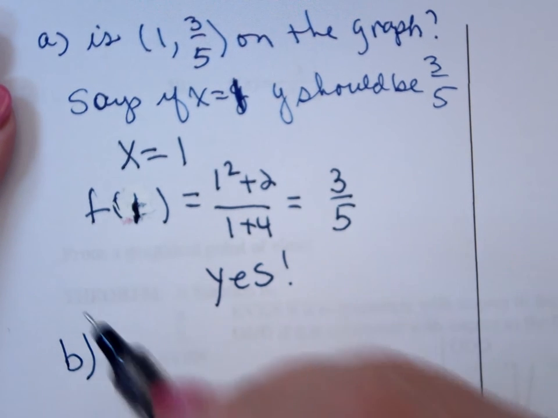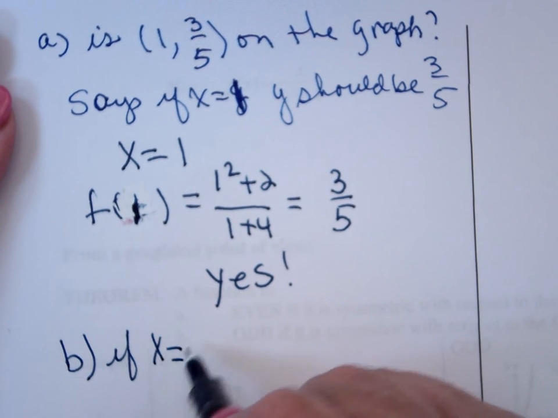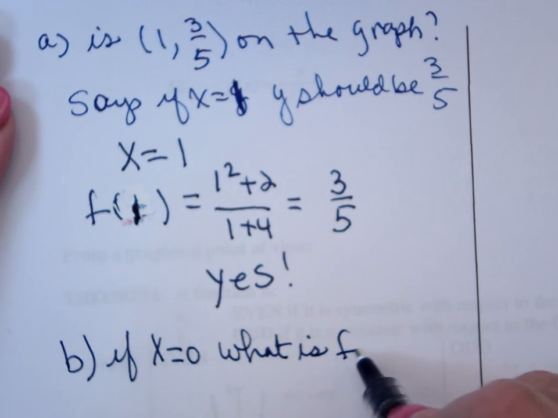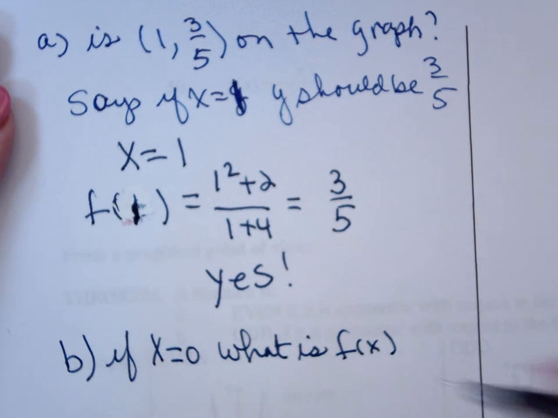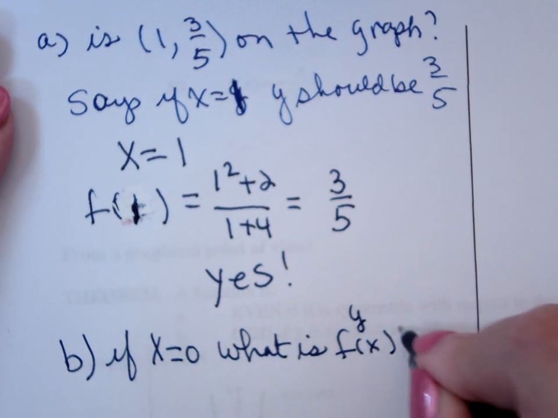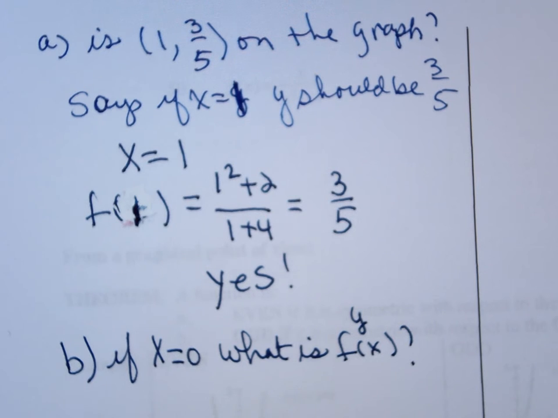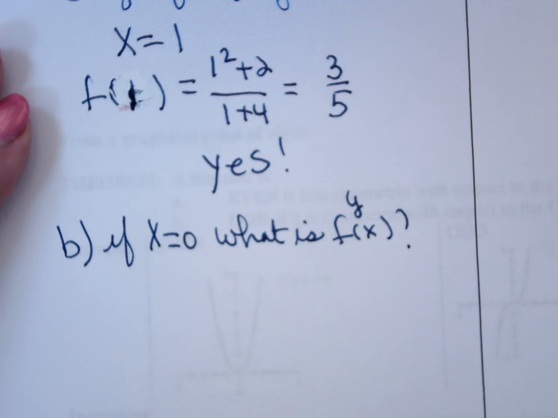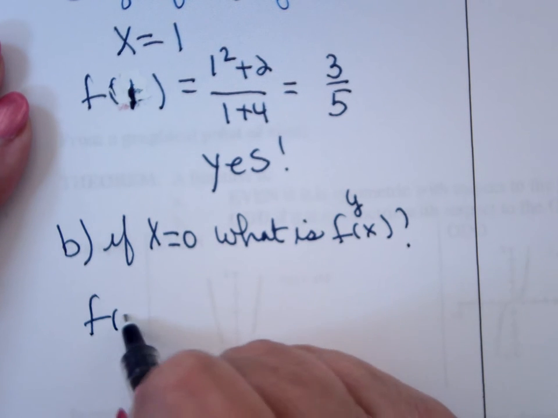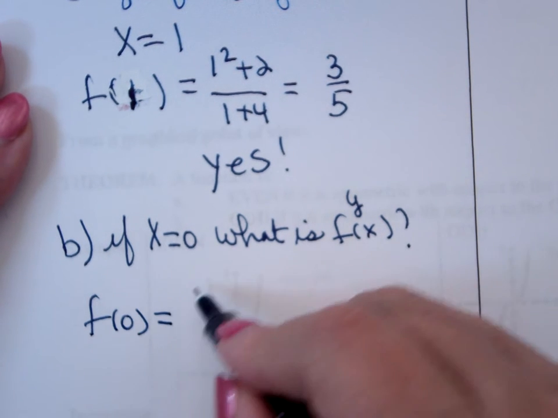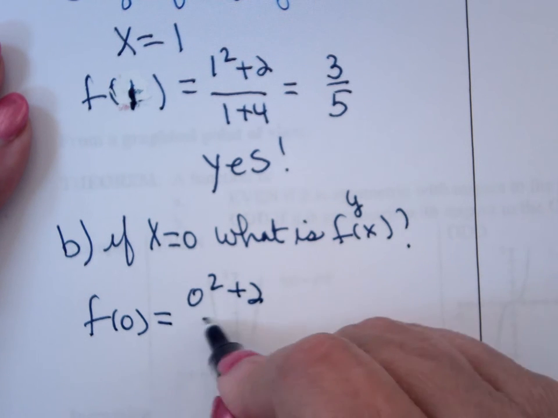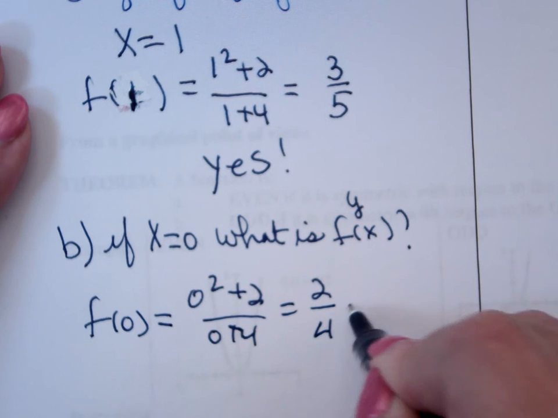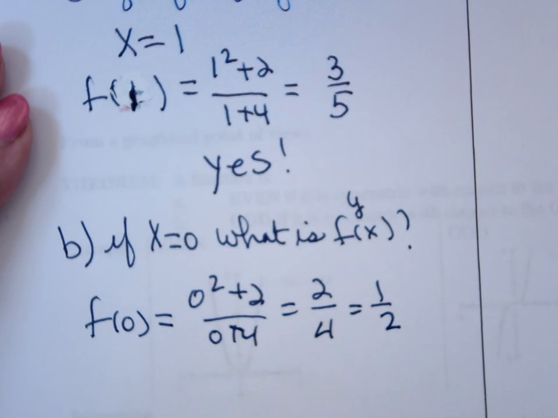B, if x equals 0, what is f of x? Essentially, they're saying, what is y? That means I plug in x equals 0 and get out y, right? That's my favorite. So f of 0 would be 0 squared plus 2 over 0 plus 4, which is 2 over 4, or 1 over 2.